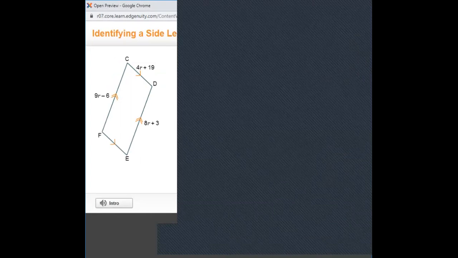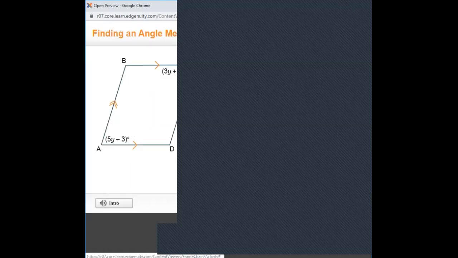Once you set those equal to each other and solve for R, then they don't tell you the length of segment EF, but if you take the value for R and substitute it into the length for segment CD, the length of segment CD has to be the same as the length of segment EF. So you can solve that question pretty similarly to what we've done on the preceding problems.